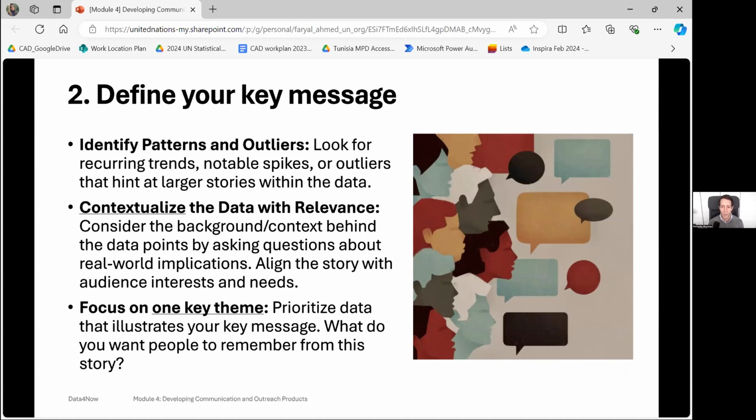So first, what you should have been doing is looking at identifying different patterns or outliers, different issues that can showcase why this data is important, and then contextualizing it.